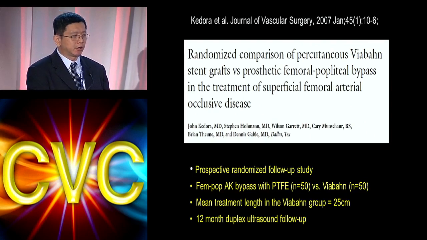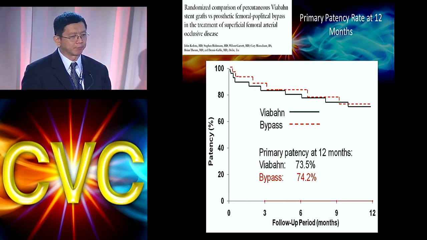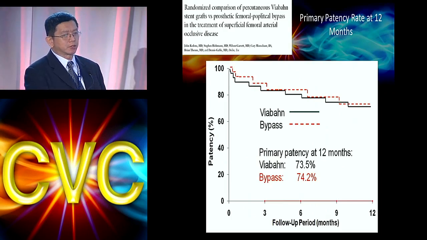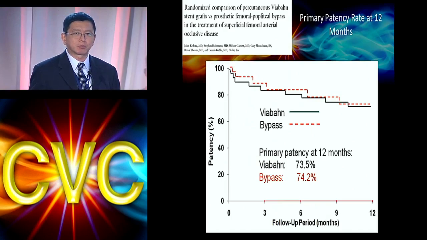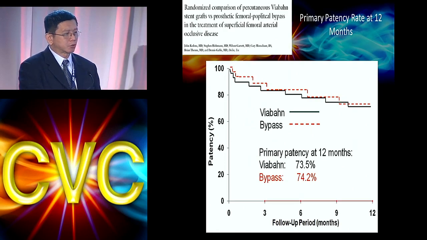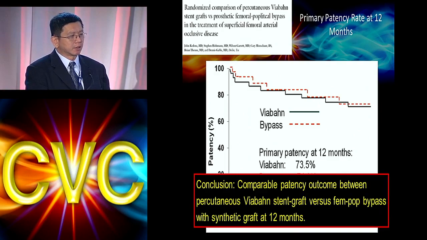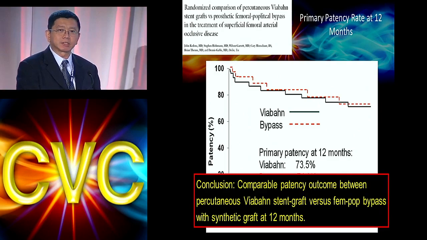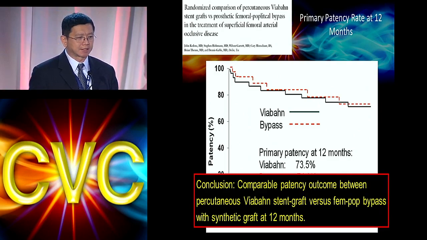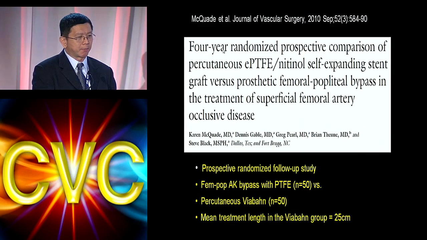An initial study looked at 12-month duplex ultrasound findings. At 1 year, they showed comparable results in this prospective randomized study between the two patient cohorts. And again, with primary patency, these two treatments had identical patency at that time point.